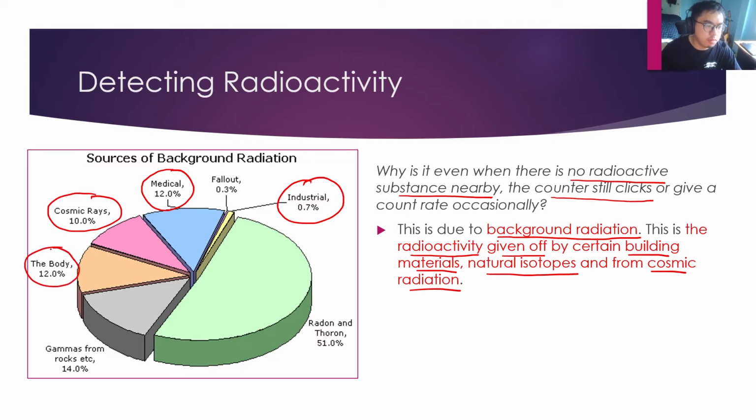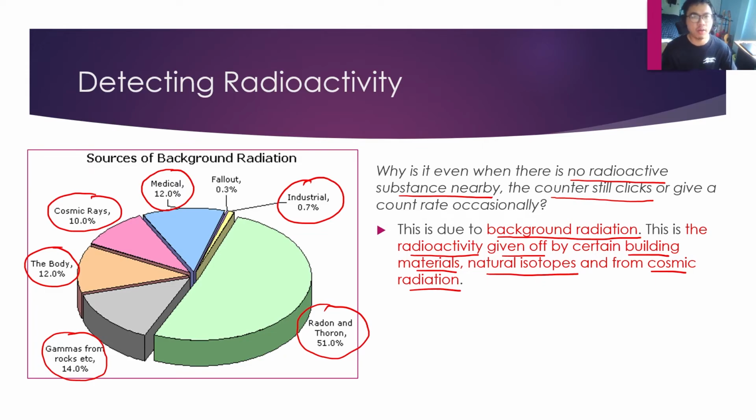12% comes from the human body. 14% comes from rocks and the ground. And also 51%, and that's quite a big chunk, comes from radon and thoron, which is in the air around us. Very important to note that the background radiation is just a very small amount of radiation, and in normal situations, it's just harmless. It doesn't harm us that much.